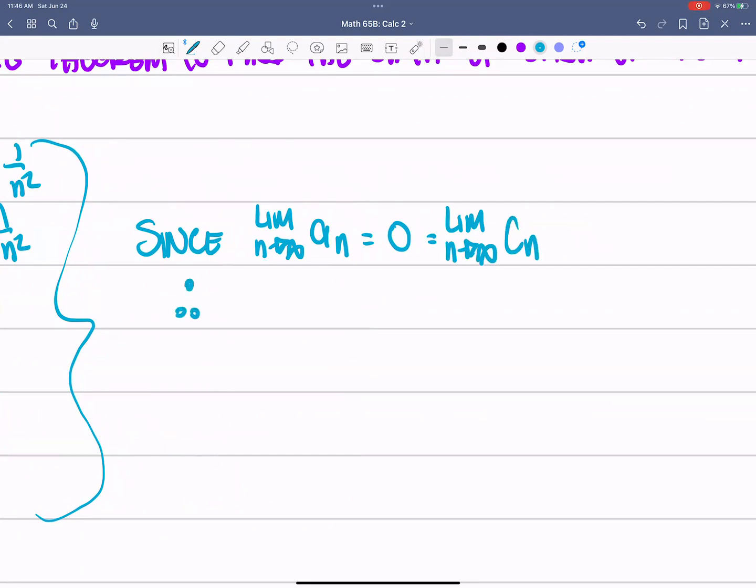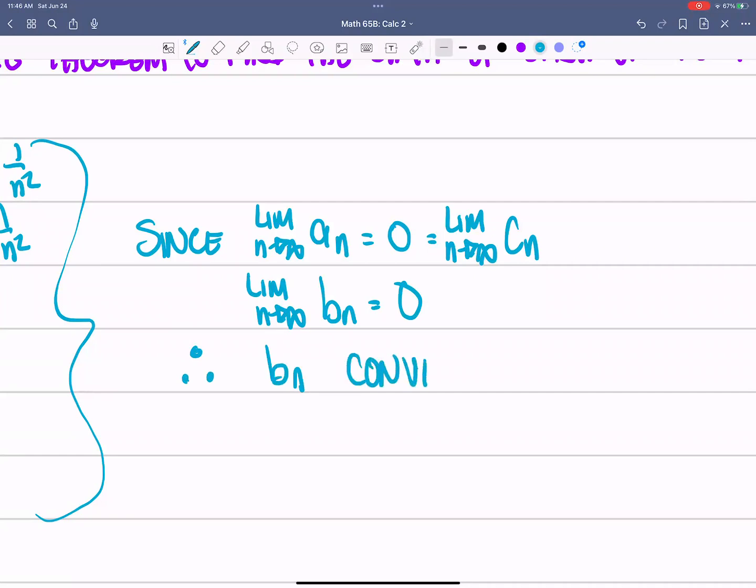Thus, we could say that the limit as n approaches infinity of B sub n is equal to 0. Therefore, B sub n converges to 0.